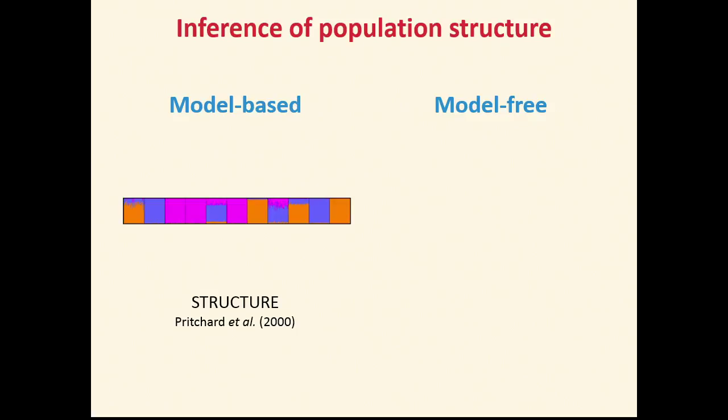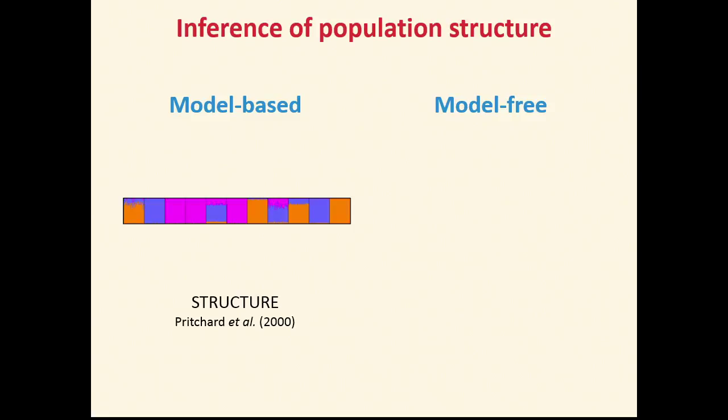So several methods have been developed in order to do that, and these methods can be divided broadly into two approaches: a model-based approach and a model-free approach. In the model-based approach, for example, as implemented in the program STRUCTURE, we assume an underlying model and we try to parameterize the model using the observed genetic information.